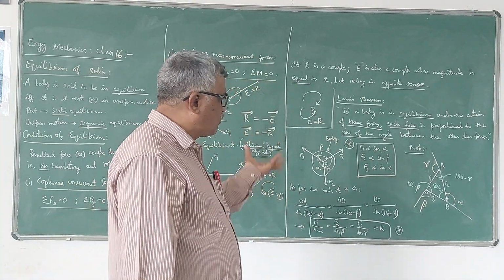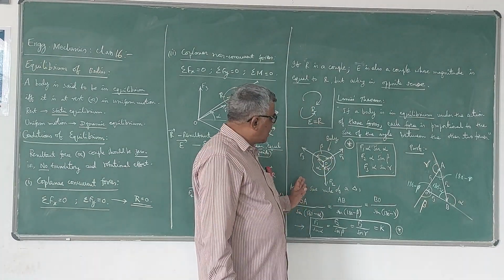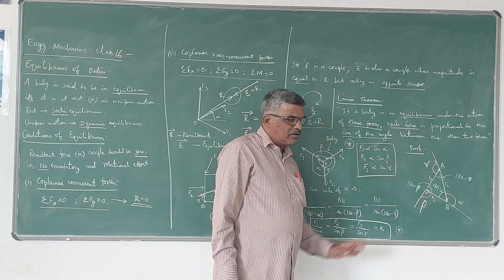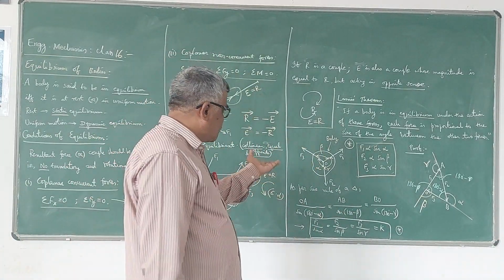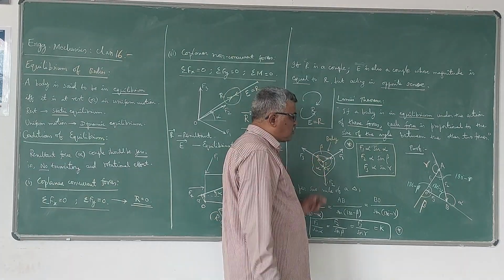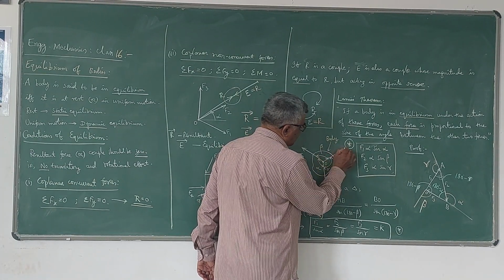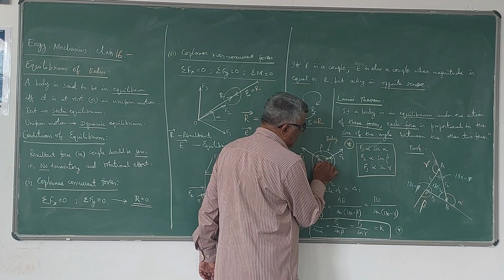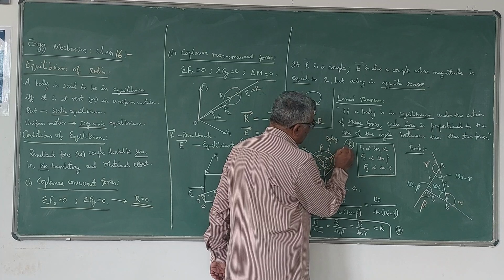Now, a very simple proof for this. This is the diagram given. Now I will construct a force polygon using this diagram. To construct a force polygon, you take the first force. O, F1 is the first force, it starts from here. I will take this as OA.